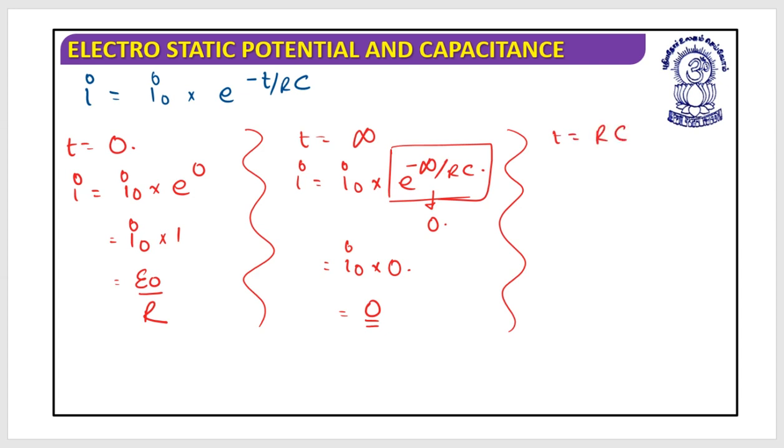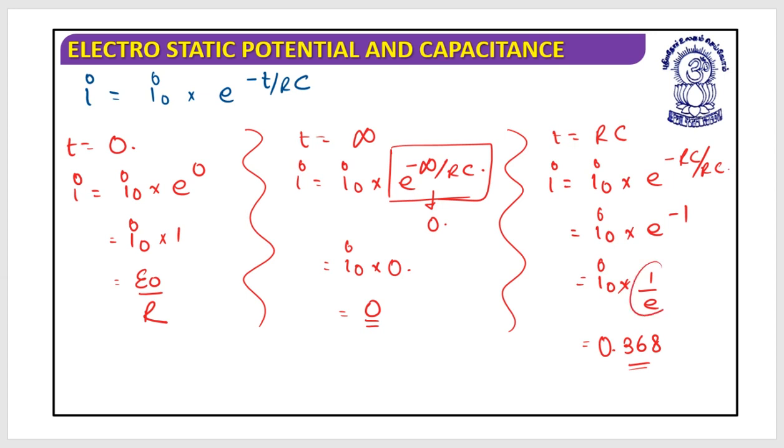So when t = RC, I = I naught e^(-RC/RC). This equals I naught e^(-1), which is I naught into 1 by e. This will be 0.368. Please remember this value. 1 by e is 0.368 of I naught.